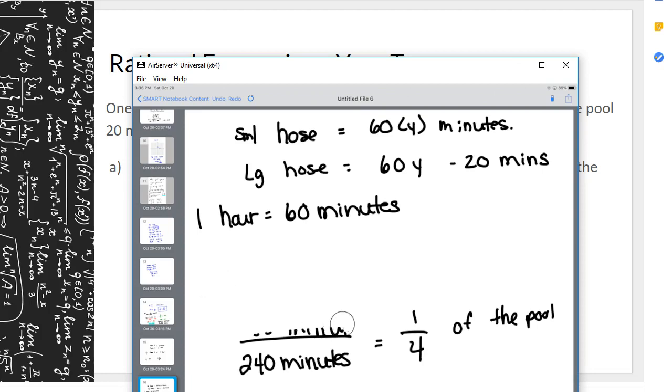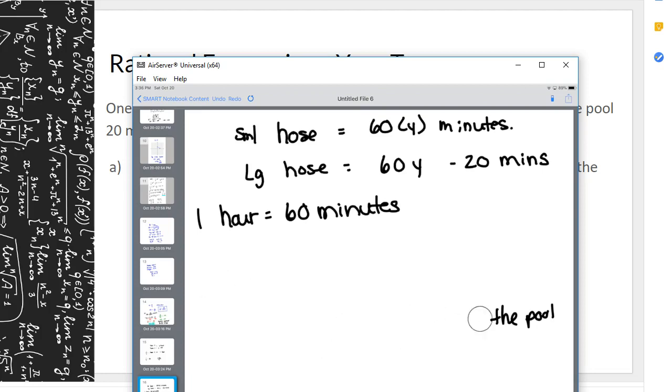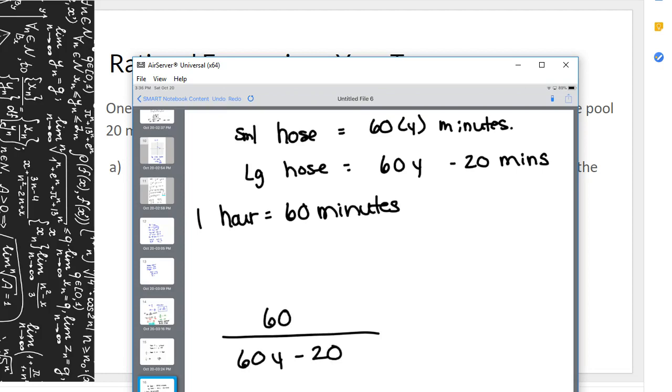So what about the large hose? Well, the large hose will fill the pool in 60Y minus 20 minutes. So 1 hour would be 60 minutes. So this is a rational expression that represents the amount of the pool that would be filled in 60 minutes. That being said, we should always reduce.